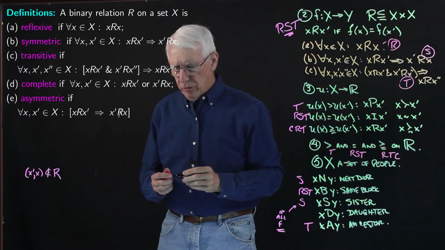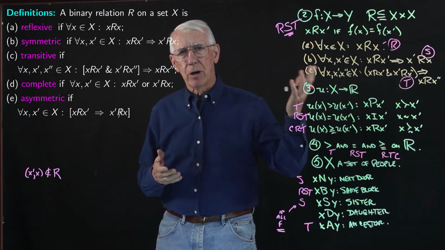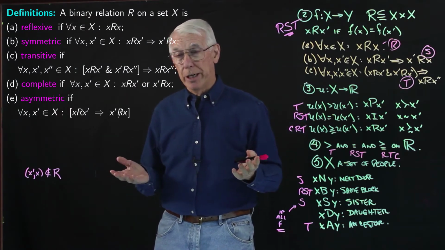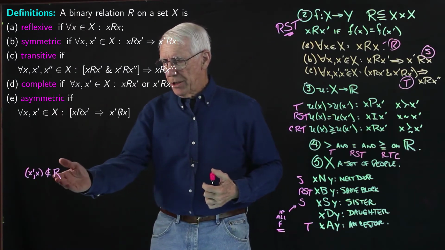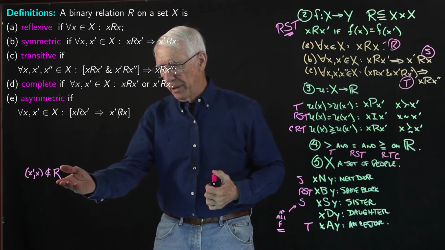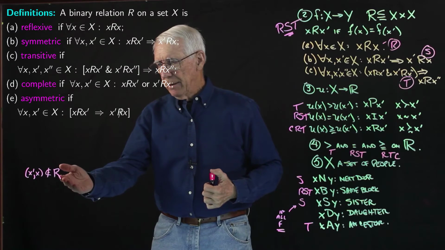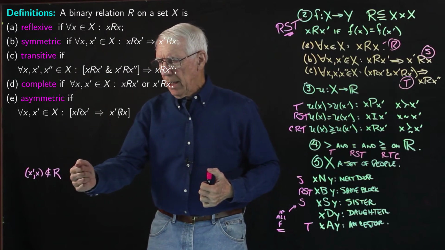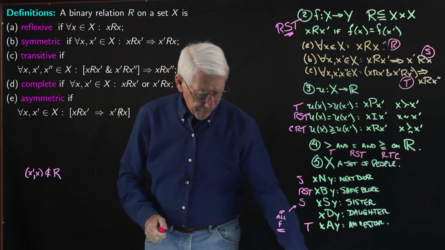But of course, these relations are just subsets of x cross x, or x cross y more generally. And since this is a subset, we can talk about its complement. Let me write this a little differently here.